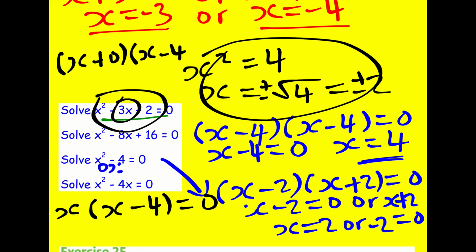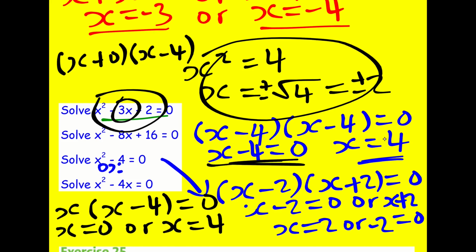It's not quite the same, but we still treat it in the same way as single brackets. In this case, I can't just forget about this. I'm going to have x equals 0 or x equals 4. I've actually jumped to it here. I've not bothered to do this stuff here and then get the solution. I could have done that, but I'm getting 0 from here and I'm getting 4 from here. That's my solution to make this equal to 0.